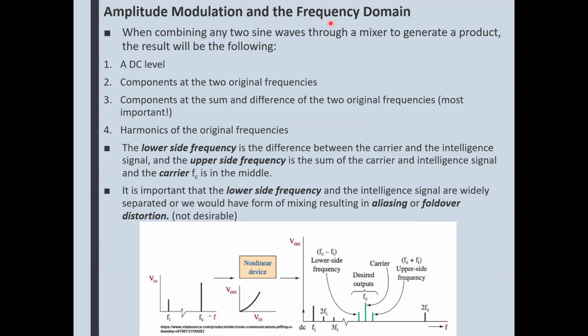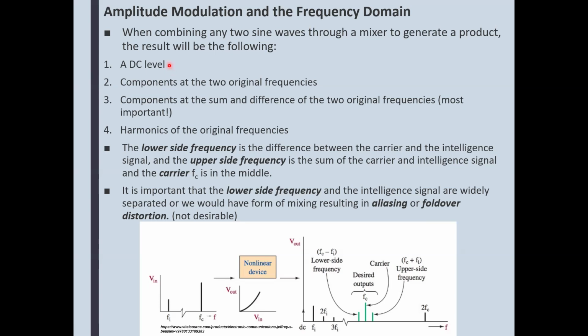Amplitude modulation in the frequency domain. All right, we talked about that already, but let's just analyze it again. When combining any two sine waves through a mixer, which is the combiner, to generate a product, the result will be the following. We're going to come up with some sort of a DC level, hopefully not the one that we don't want from the last example.